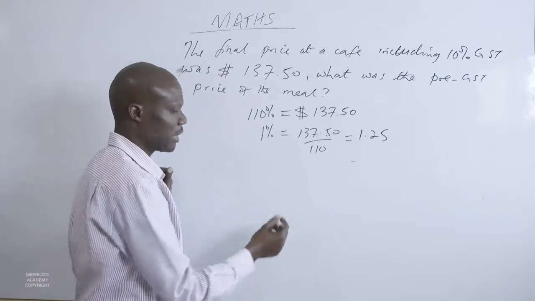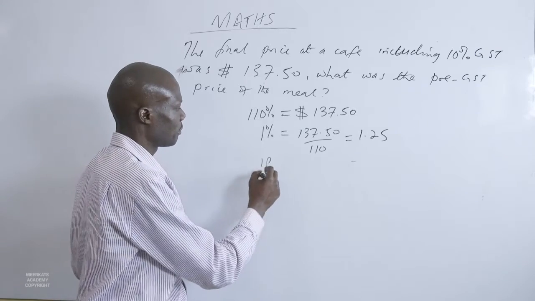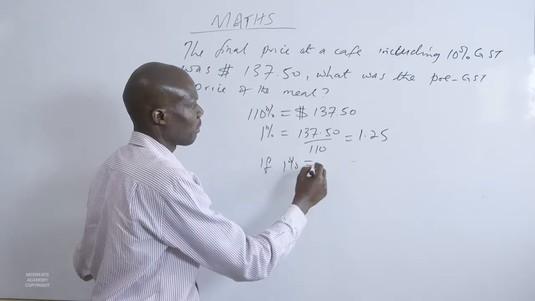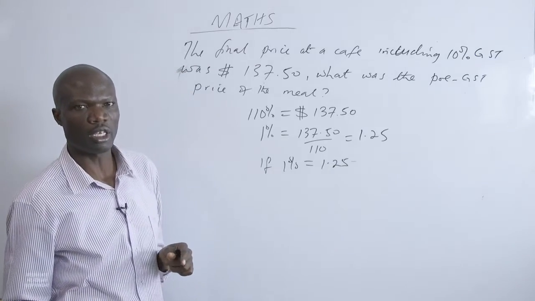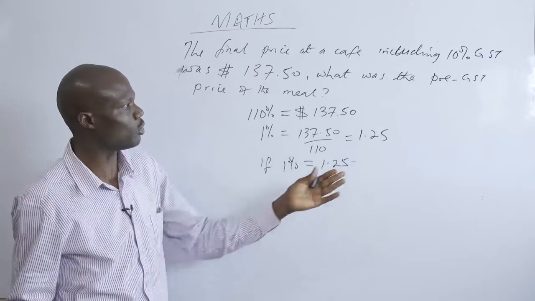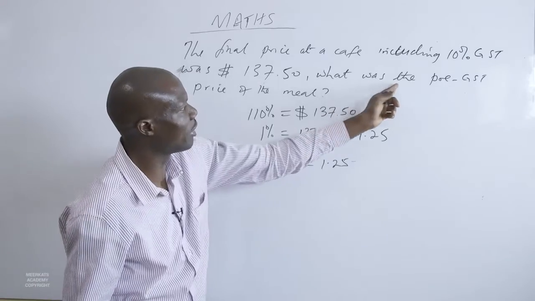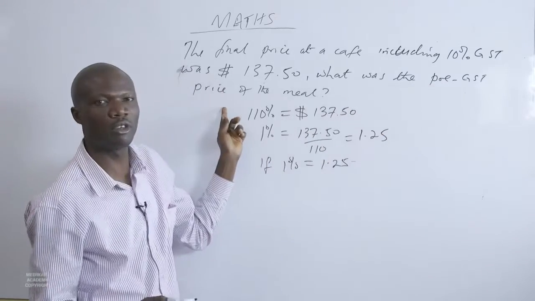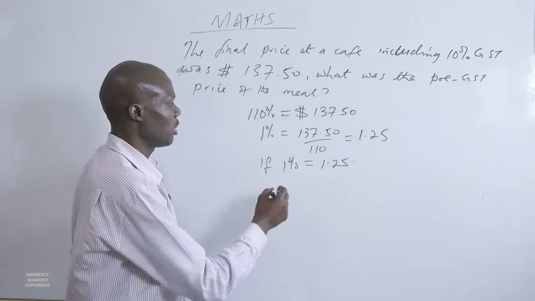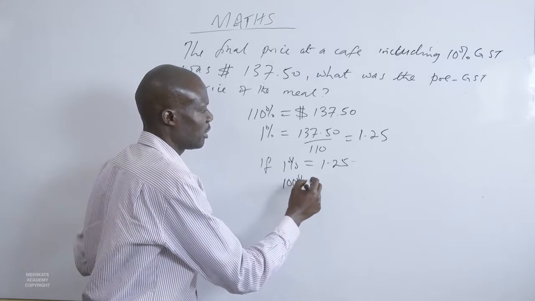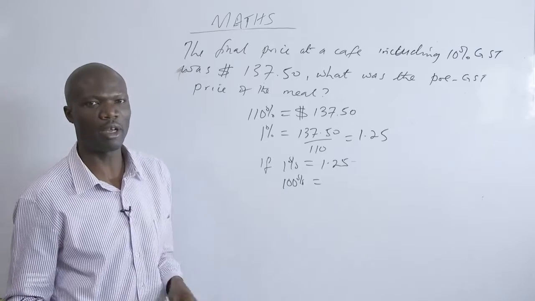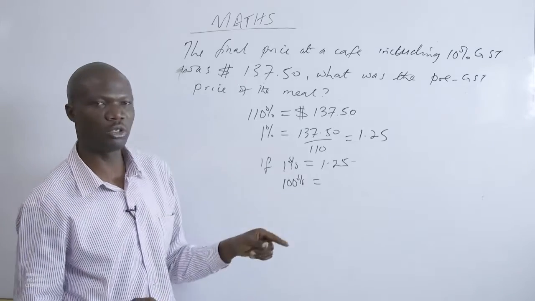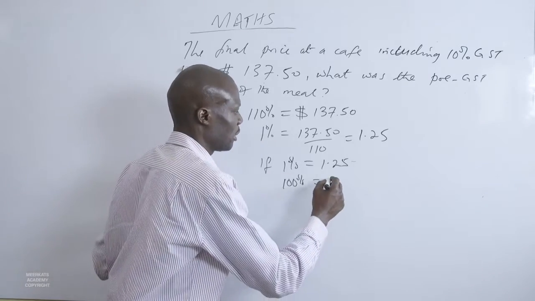If 1% is $1.25, what is our 100%? Because we are interested in finding the pre-cost of this meal, 100% will be equal to 100 multiplied by 1.25.